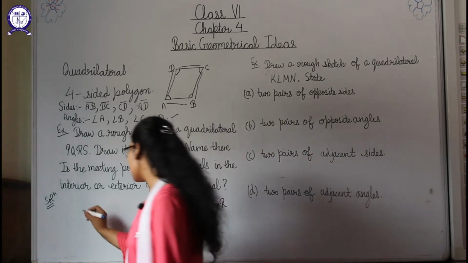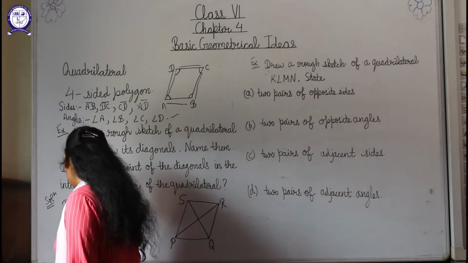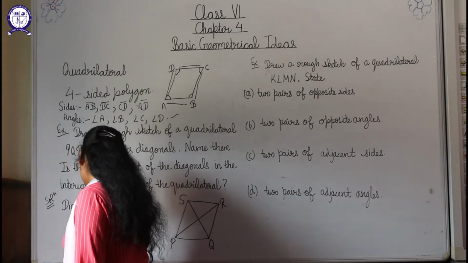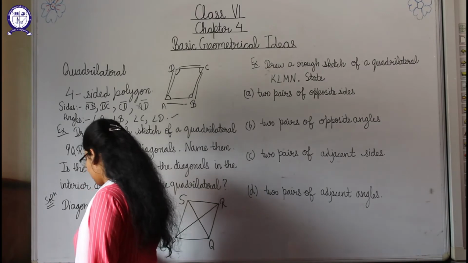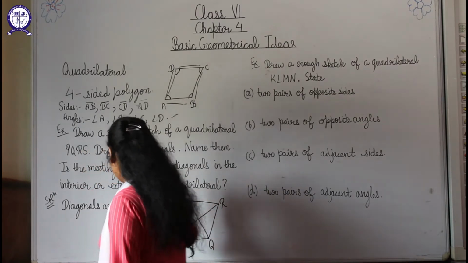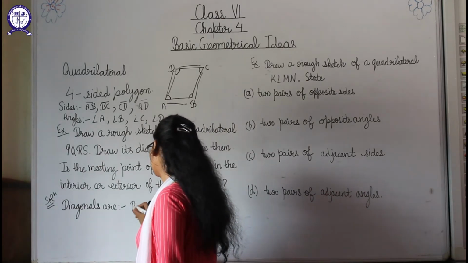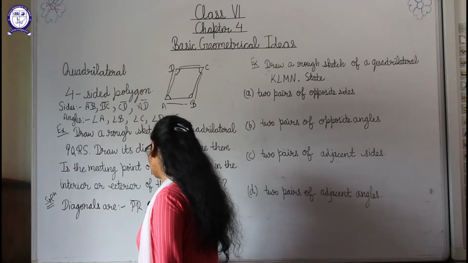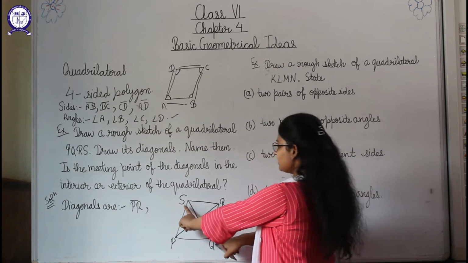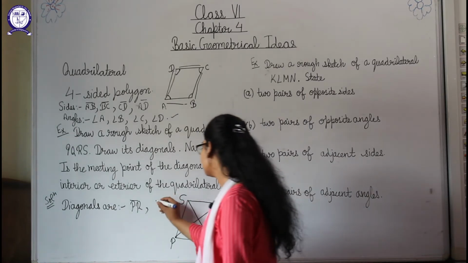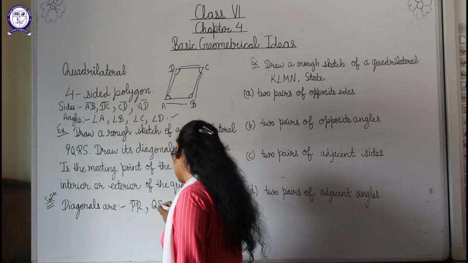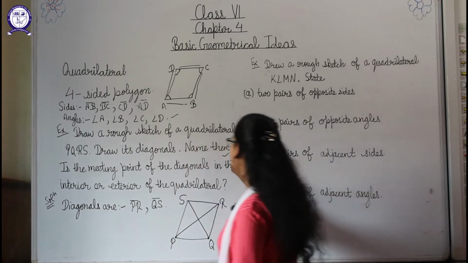So here the diagonals are, this one is diagonal PR, so we will write PR here. Okay, next one is QS, this is the other diagonal, so we will write QS. These two are the diagonals and we named them.